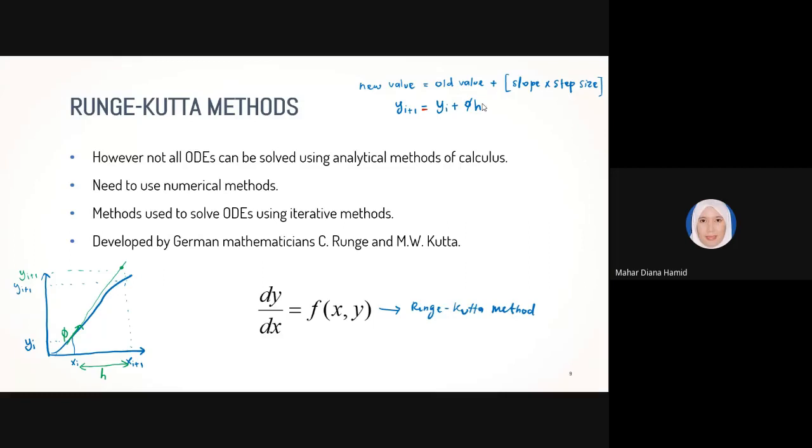Later on, you will see that all Runge-Kutta methods have the same generic form. The only difference between these methods is how we evaluate the value of phi, which is the slope.